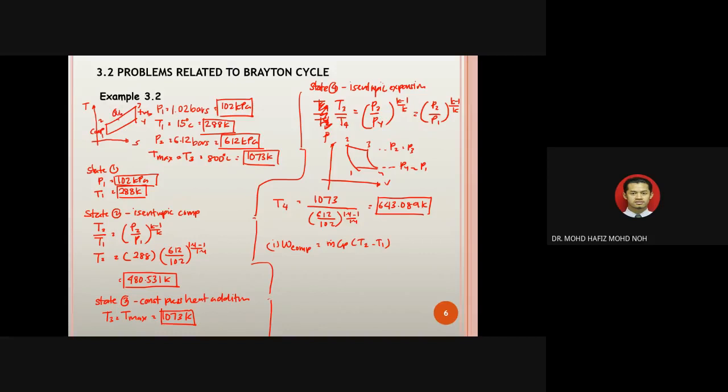Since the mass flow is not given, you can simplify to Cp times (T2 minus T1). Cp is equal to 1.005, T2 is 480.531 minus T1, which is 288. So you will get W compressor equal to 193.49.